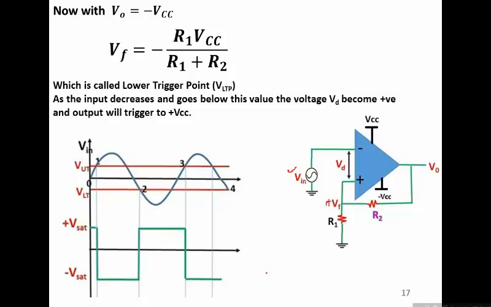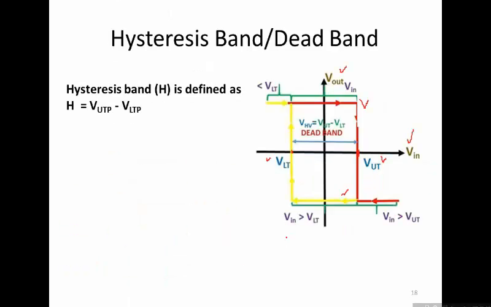This is how the positive feedback works. The positive feedback introduces hysteresis into the circuit, and because of this hysteresis, the output is affected only when you cross this hysteresis curve on either side. Within the band, which is called the dead band, the output stays at its previous value, whatever it is, and only changes state when you cross the dead band on either side.